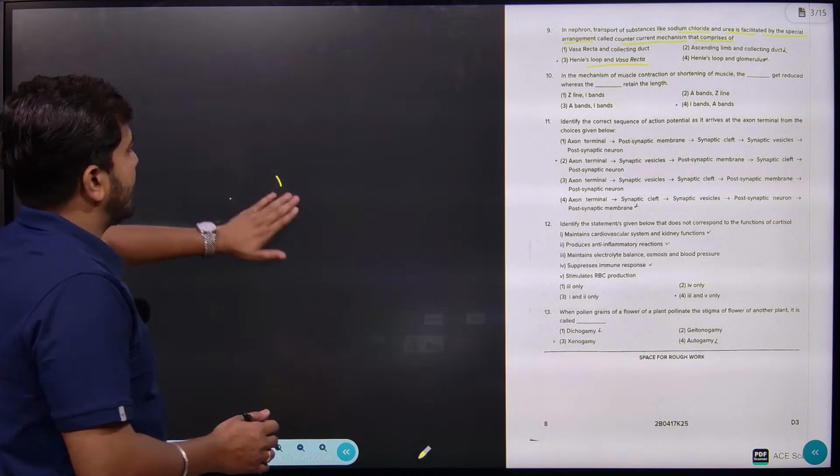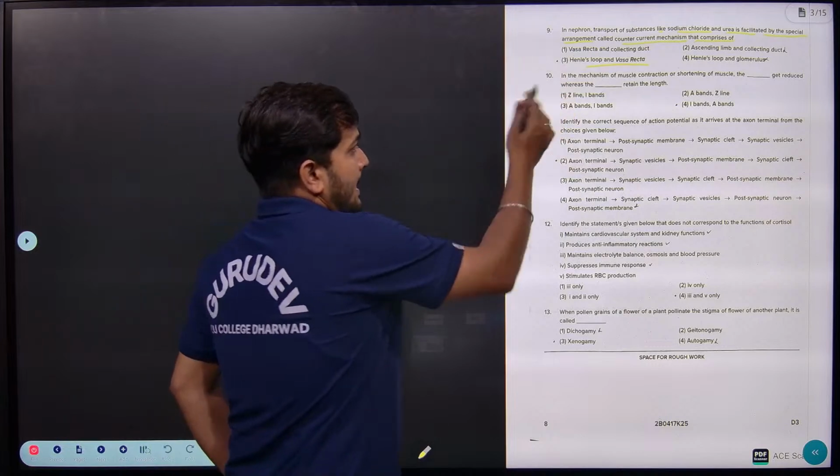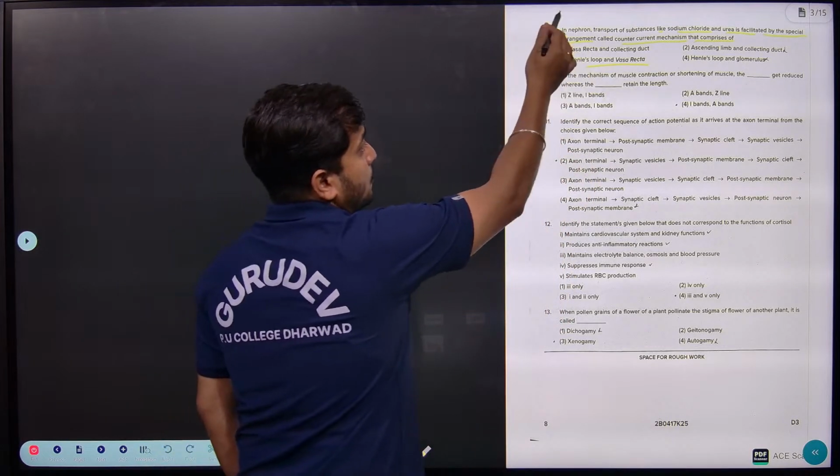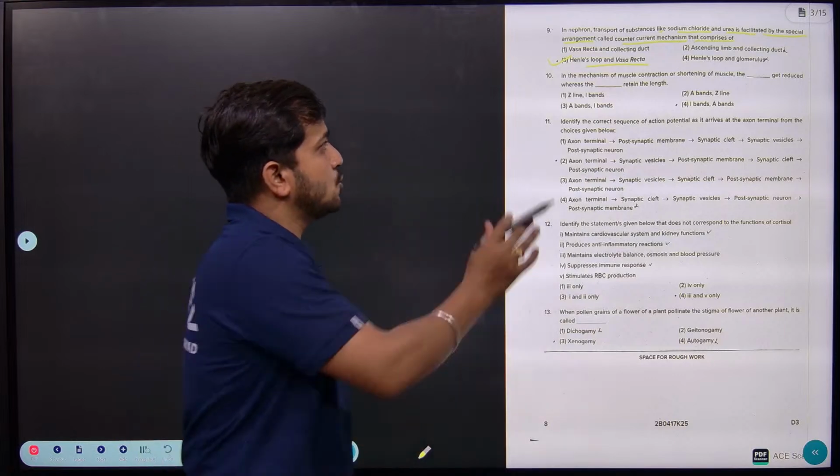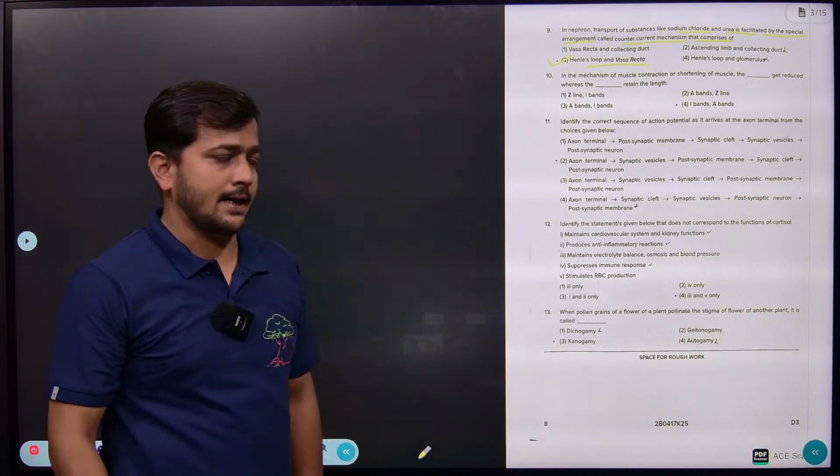So for the 9th question, the answer is 3, Henle's loop and the vasa recta.